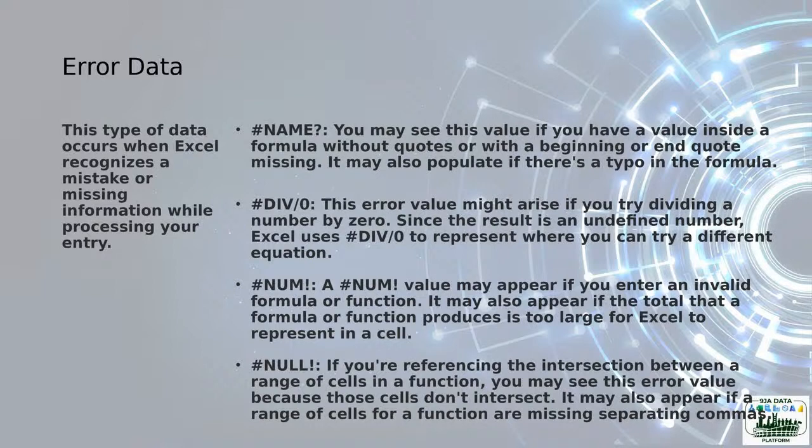So you know that dividing a number by 0 is actually infinite. So if we divide any number by 0 on Excel, the div error data type would actually be displayed on that cell, as well as the number error. So for the number error, if you have an invalid formula or a function you are using on your Excel data, when you're trying to analyze or calculate data in Excel, you notice that the num error would actually be displayed on that particular cell, as well as the null function.